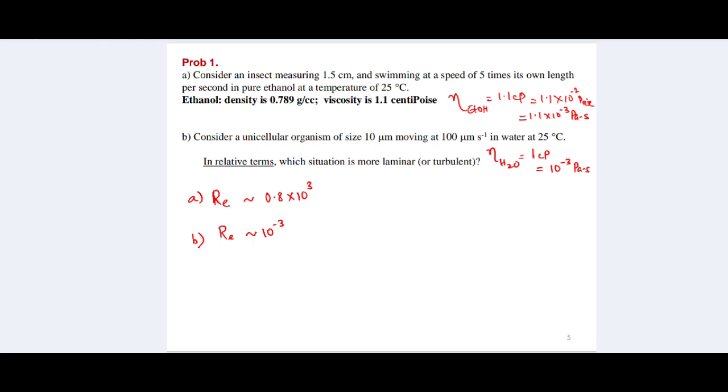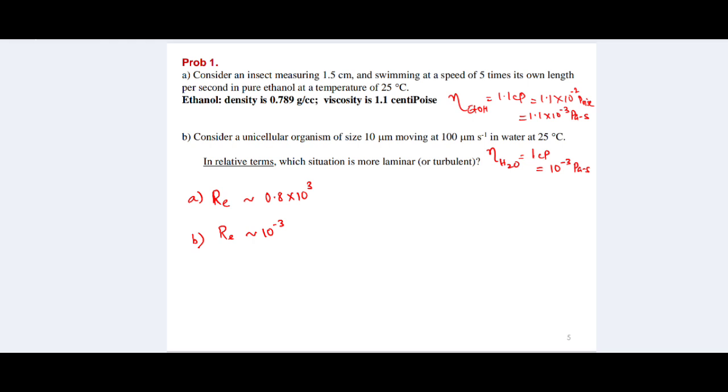And in the second case, what is the Reynolds number? It is a really, really small number, right? So I'm talking of nearly 4 orders of magnitude difference in the Reynolds number.